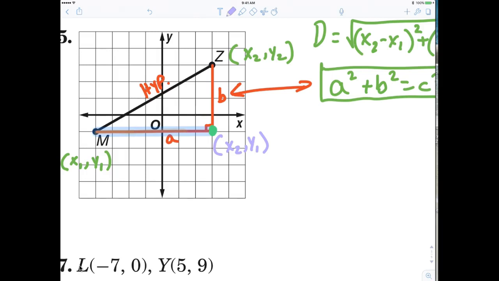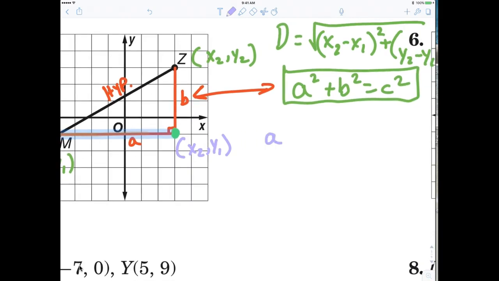All right, so now I want to put down here for you, A is equal to, say it again. A equal to x2 minus x1. That's exactly correct.